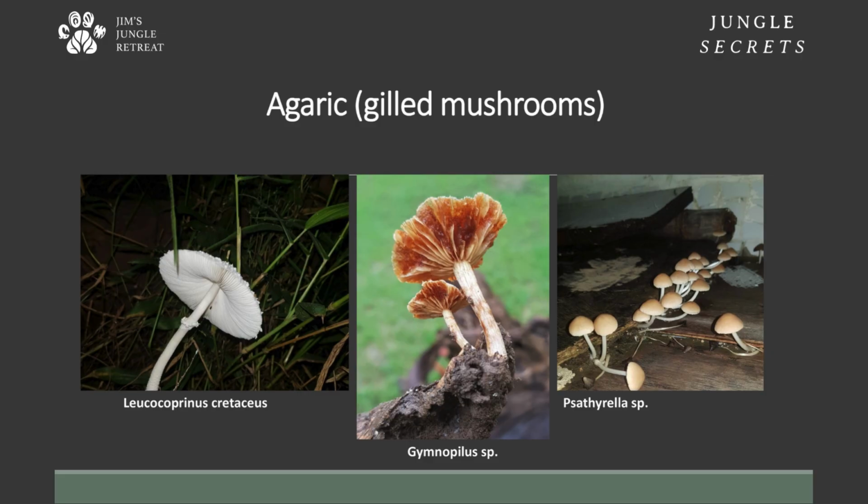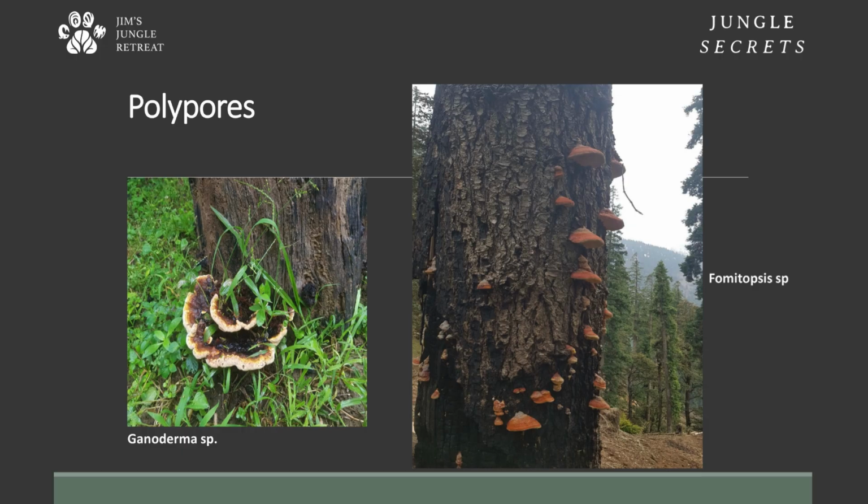Then you will write Gymnopilus sp., meaning Gymnopilus species. For Leucocoprinus cretaceus, I was very sure it is this, so I will stick to the binomial name at the species level. That is what binomial names are. So agaric is one type of morphology which exists. Then there are polypores. Polypores are very resilient ones. You would have seen them growing on trees, probably, if you have seen mushrooms around you.